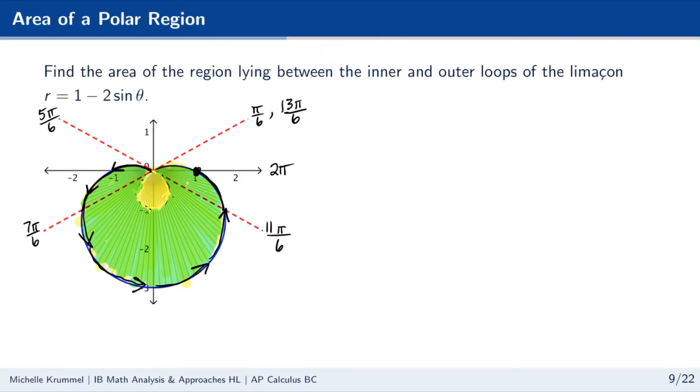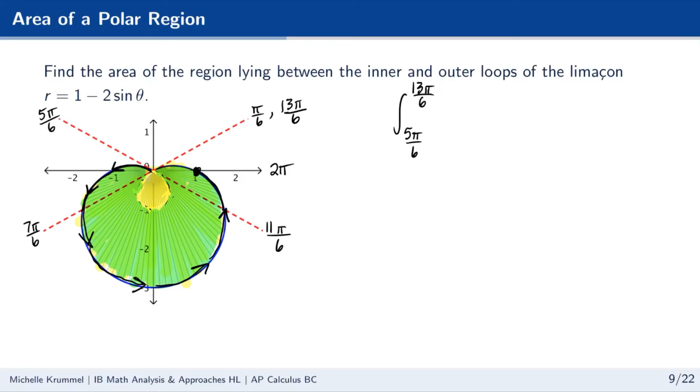So the outer loop goes from 5 pi over 6 to 13 pi over 6. If we integrate from 5 pi over 6 to 13 pi over 6, one more time, we get this area right here. So that's everything.